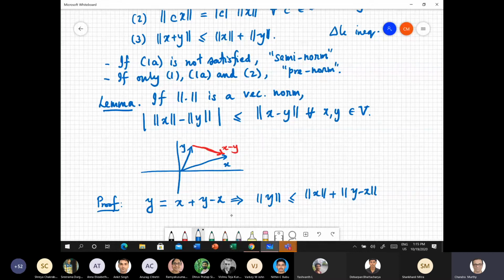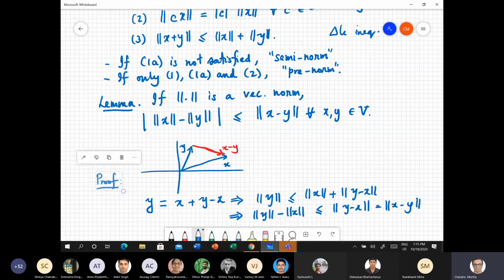This means that norm y minus norm x is less than or equal to the norm of y minus x, which is equal to the norm of x minus y, because scaling by minus 1 will only scale the norm by the magnitude of minus 1, which is equal to 1.